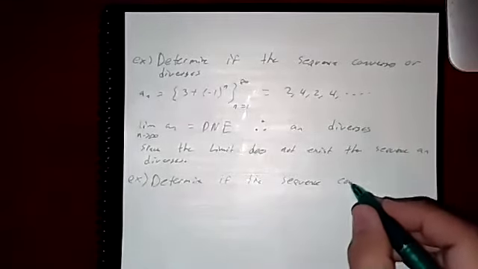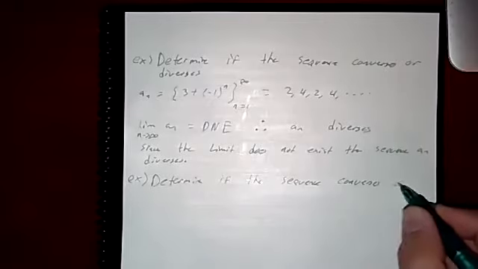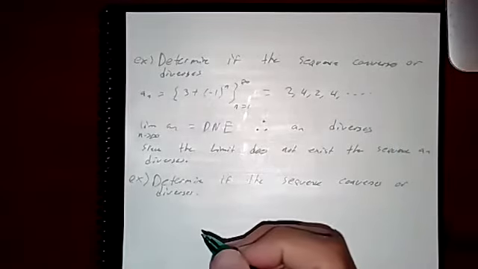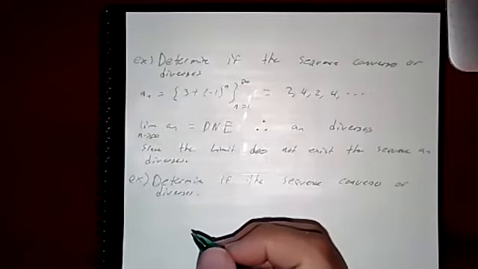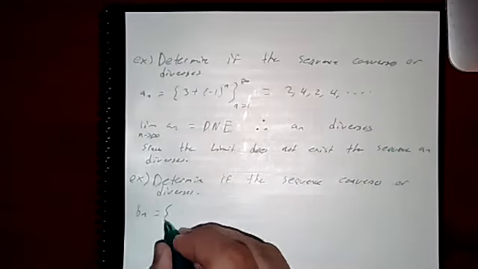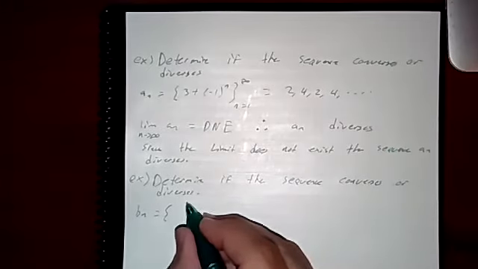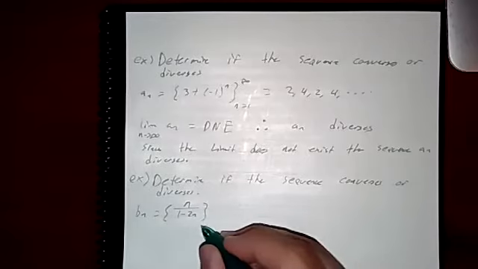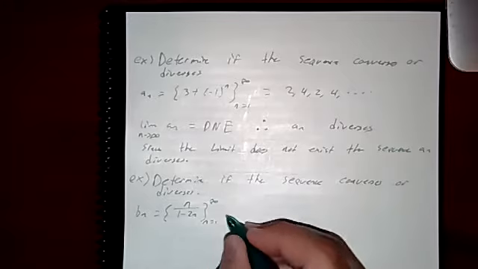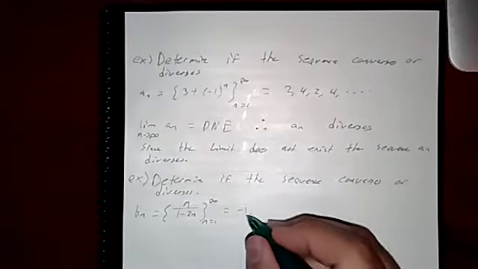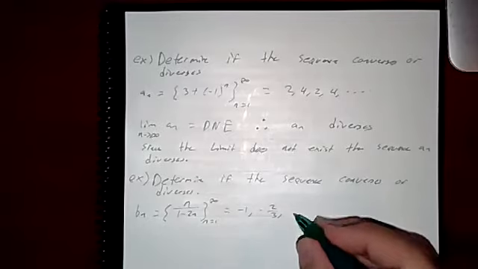Determine if the sequence converges or diverges. So let's do the same one from earlier, where we had b sub n equal to n over 1 minus 2 to the n, right? And we wrote out a few values, and we got -1, -2/3, -3/5.